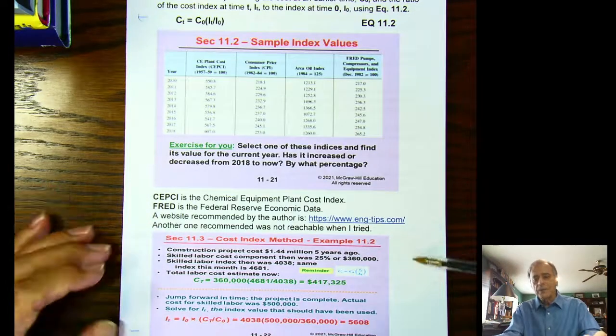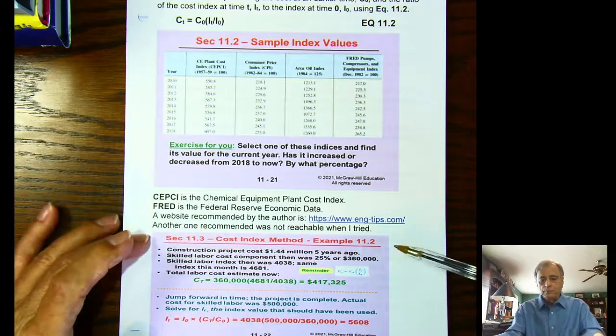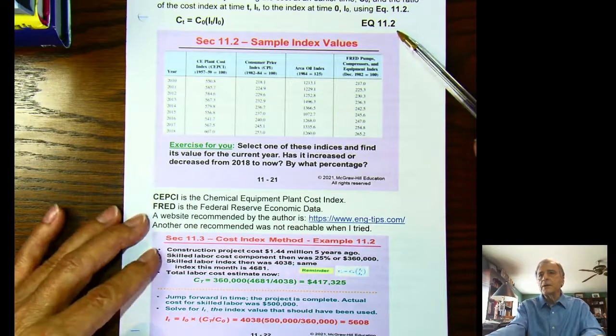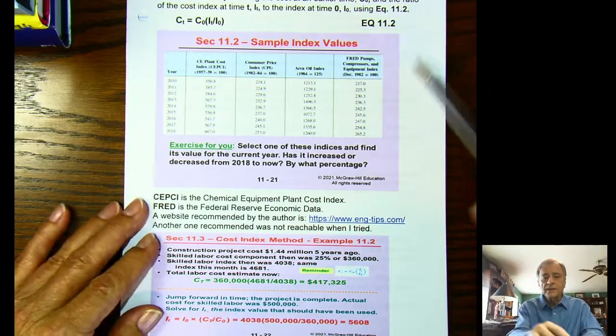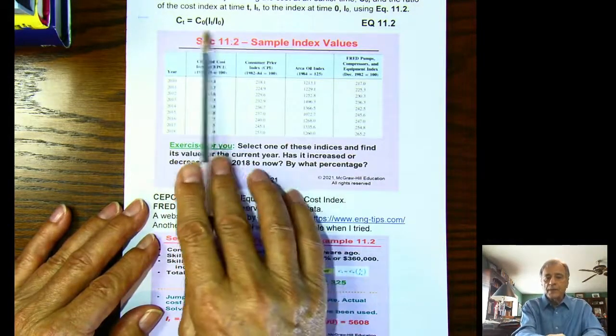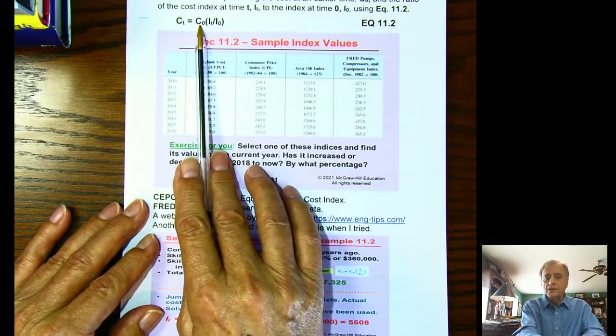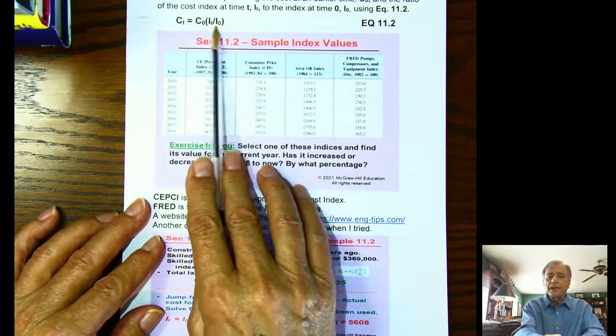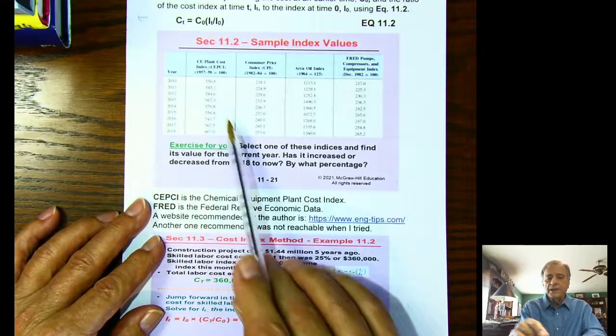It's certainly not part of this course, but the main equation of translating cost or estimating cost, total cost, from one period to another is you take the cost that's known for an earlier time period and you multiply it by the ratio of the two indices.